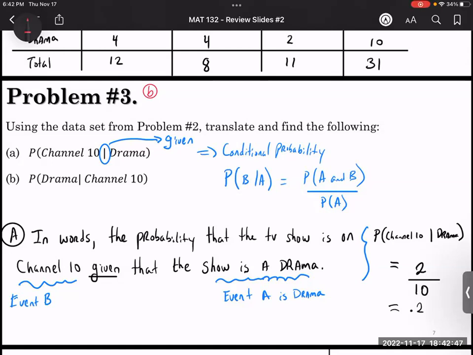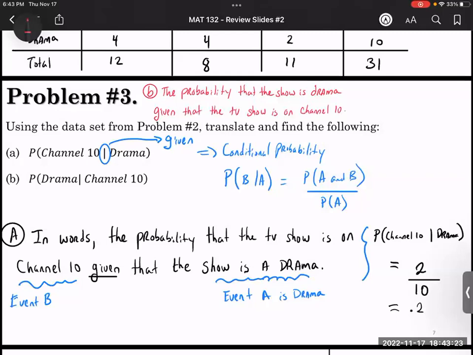Yep, that's right. So in words, we say that the way the question would have been originally stated is the probability that the show is drama, given that the show is on channel 10, that the TV show is on channel 10.